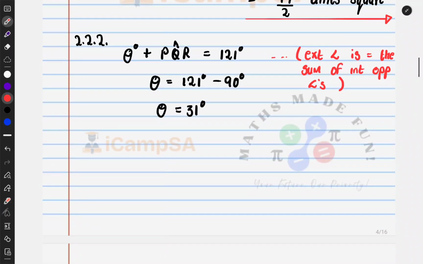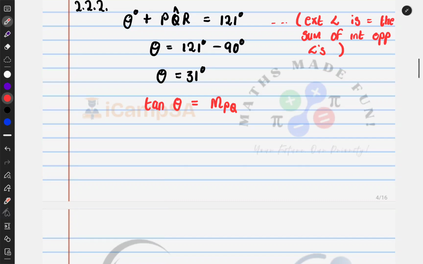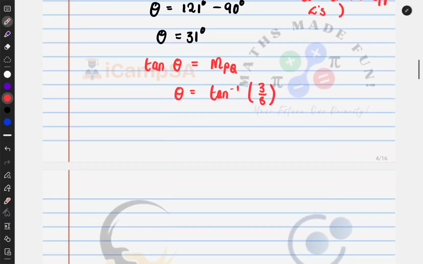So another method, we can just say tan theta, the angle between the line and the x-axis, is equal to the gradient MPQ, the gradient of that line. So angle theta is equal to tan inverse, the gradient of PQ, which is 3 over 5, and then theta is equal to, let's quickly punch that in our calculator, we get 30.961.